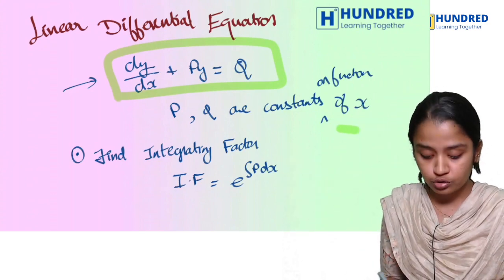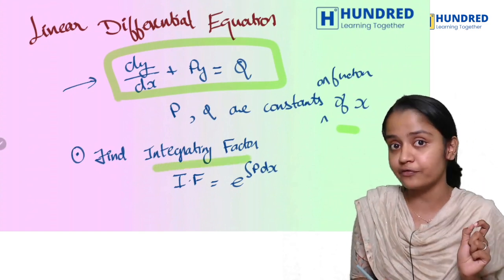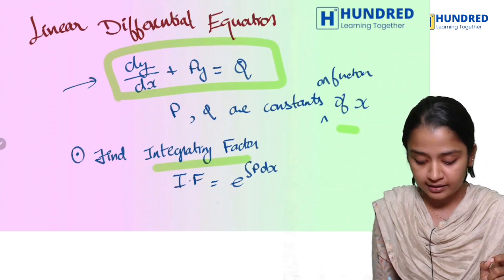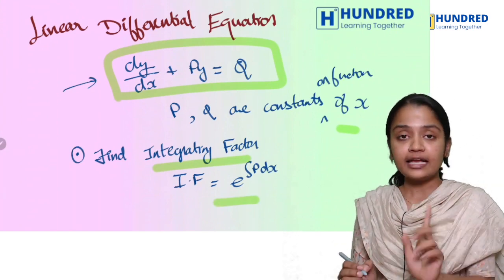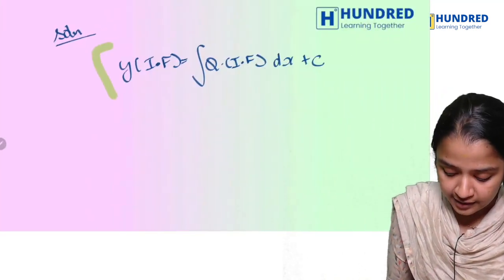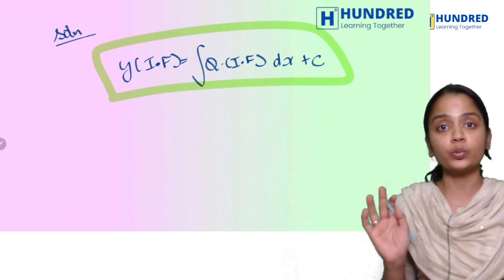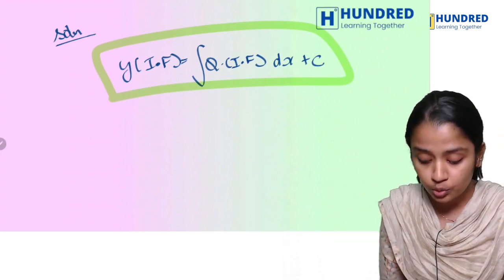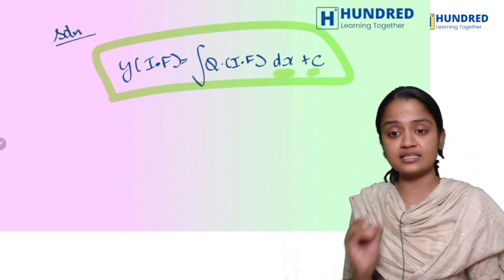Then you are supposed to find a factor called the integrating factor. The integrating factor is equal to e power integral p dx. The solution is y into integrating factor is equal to integral q into integrating factor into dx plus c.